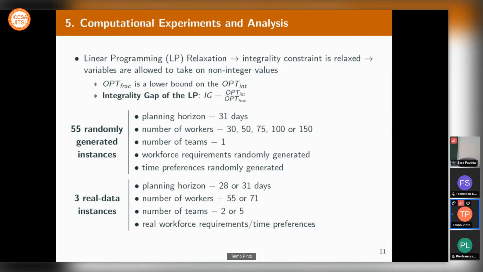In addition to the random instances, we also considered three real data sets. In this case, with a planning horizon of either 28 days or 31 days, each with a specific number of workers and considering two to five teams with real data.